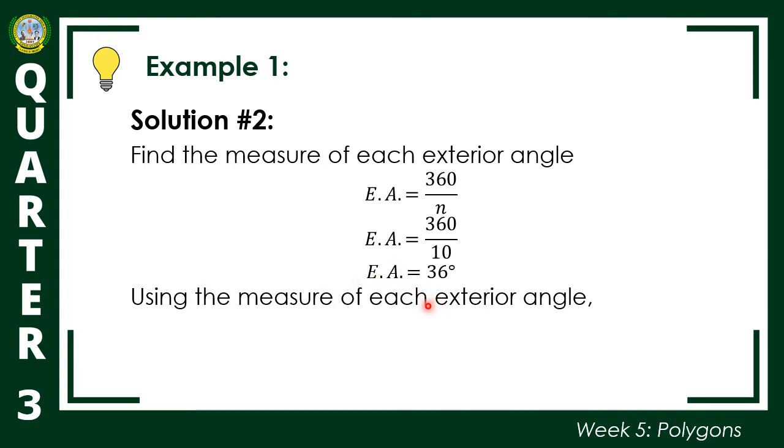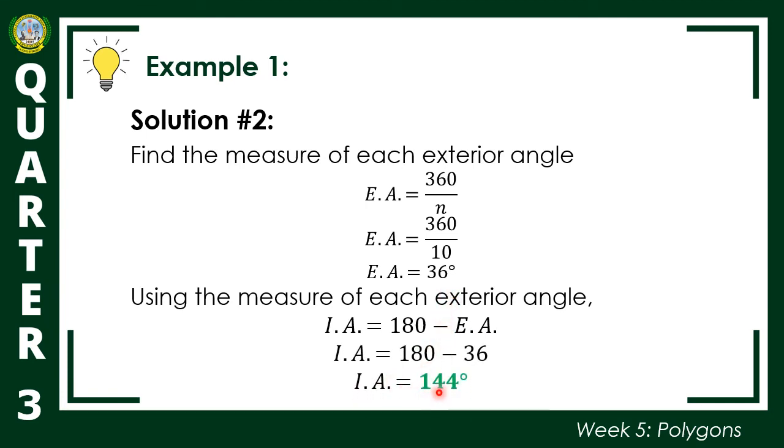Since yung exterior at interior angle nga po ay nagpo-form ng linear pair. Okay? So, silang dalawa ay supplementary. So, that will be IA equals 180 minus EA. So, that's 180 minus 36, which is equal to 144 degrees. So, as you can see, parehas yung nakuha nating answer dun sa kanina. Okay? So, either of the two solutions po ang inyong gawin kung saan po kayo nadadalian.